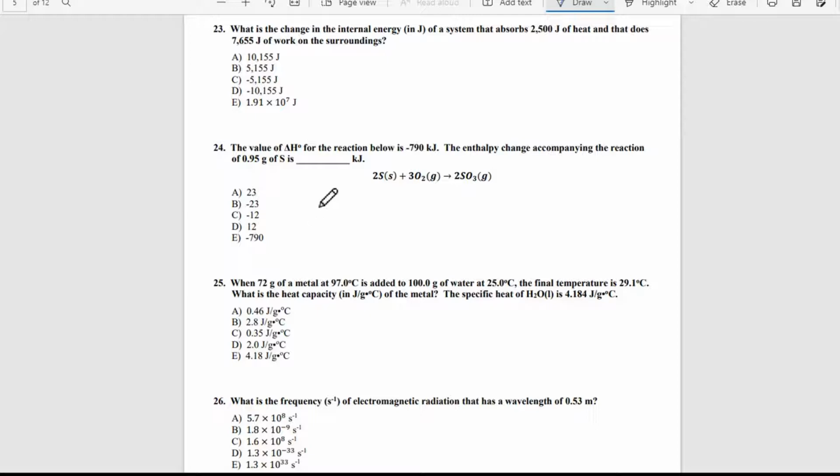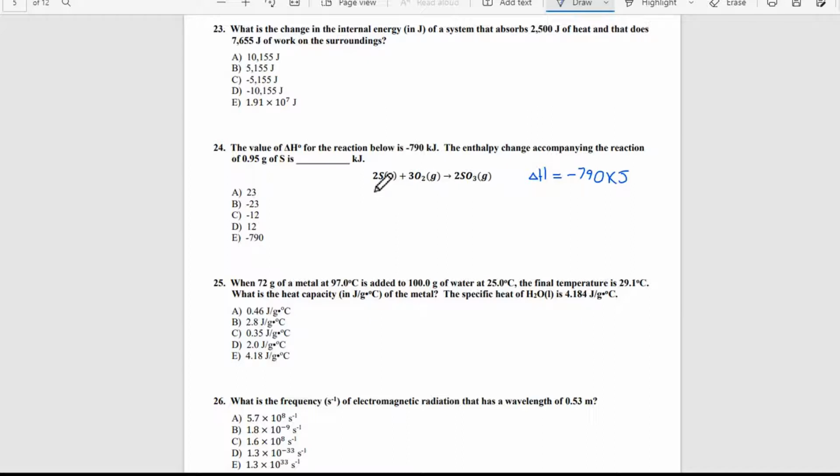So in this case, it says the value of delta H for the reaction is negative 790 kilojoules per mole, and the enthalpy change accompanying the reaction of 0.95 grams of sulfur is what? Okay, so what you have to recognize is that when you're given an enthalpy of reaction, like this negative 790, that is indicating the amount of heat that would be released or absorbed when the molar amounts here are reacted.